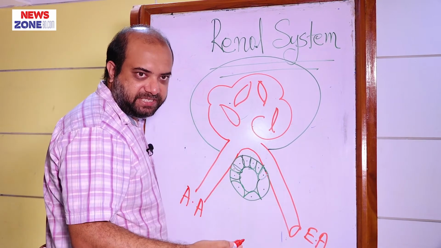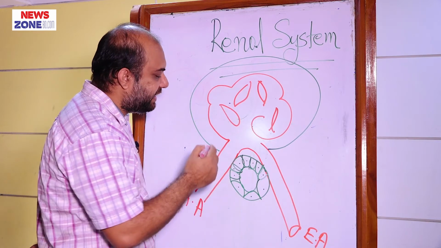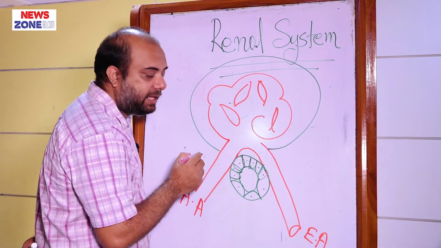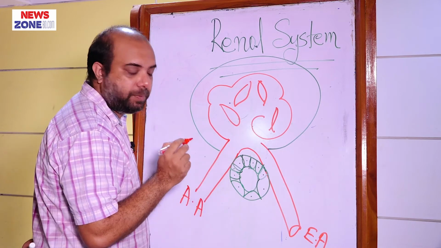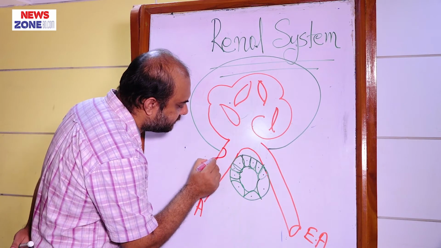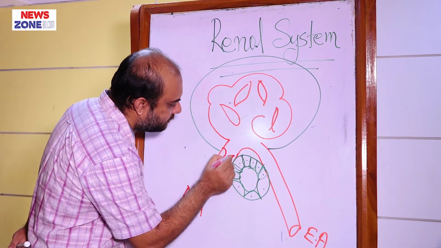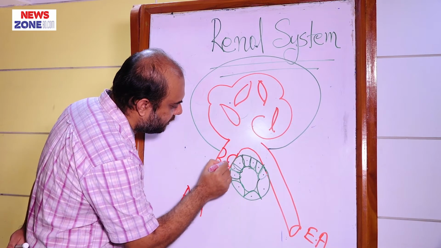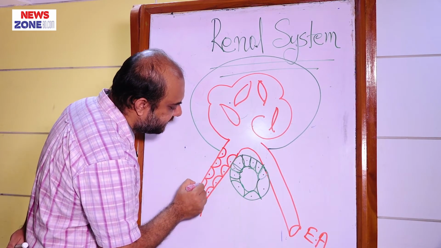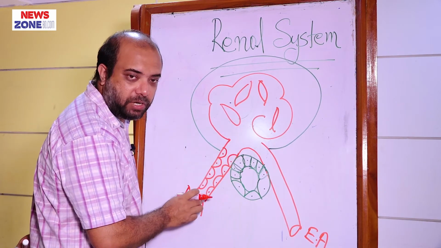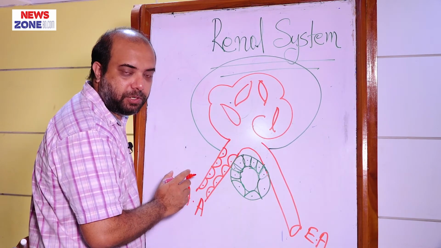The epithelioid cells which are situated in the afferent arteriolar tunica media are called juxtaglomerular cells. Now I will draw the juxtaglomerular cells. These epithelioid cells which are present in the tunica media of the afferent glomerular arterioles are called juxtaglomerular cells.